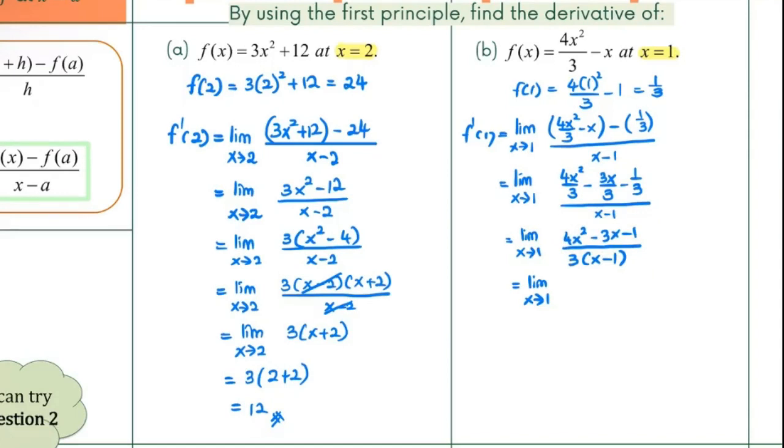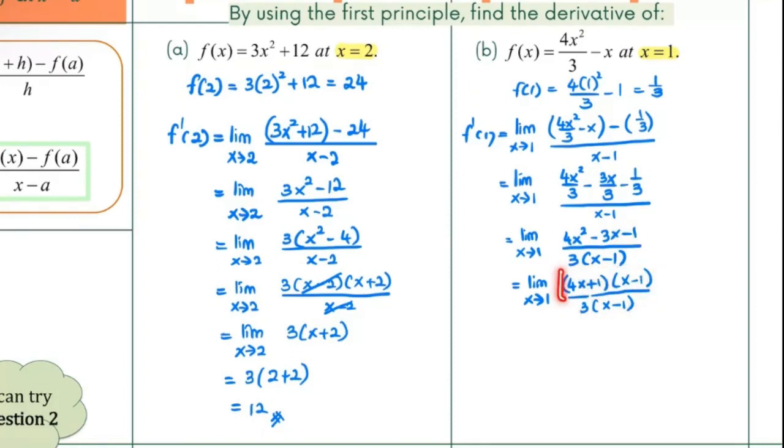Okay, so kalau factorize dia, suppose kita dapat yang pertama adalah 4x plus 1 dan yang kedua adalah x minus 1 divided by 3 of x minus 1. Kejap saya check betul tak? 4x square, so negatif 4 tambah 1 dapat negatif 3, 1 darabkan dengan negatif 1 dapat negatif 1. Okay, so ini saya factorize.